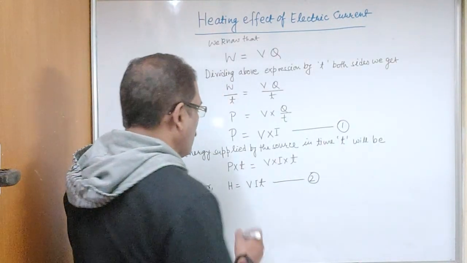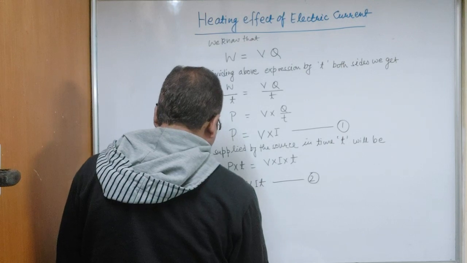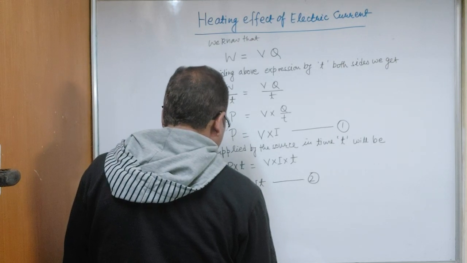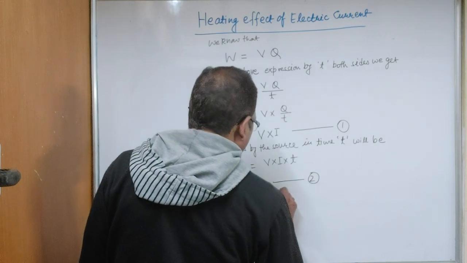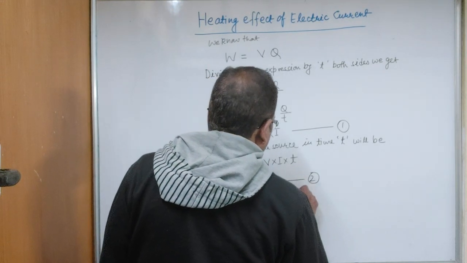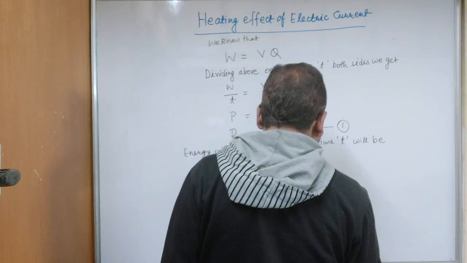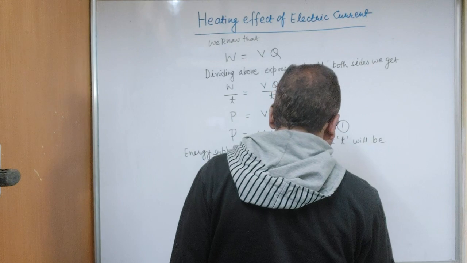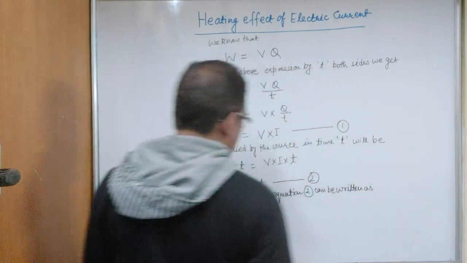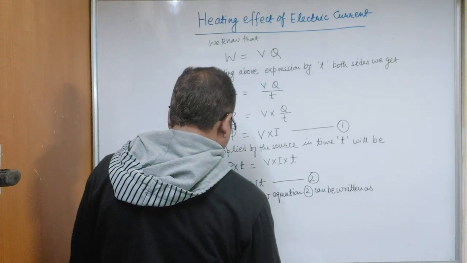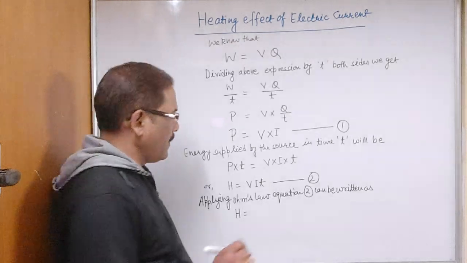So applying Ohm's law, equation 2 can be written as, from Ohm's law, you all know V is equal to IR.